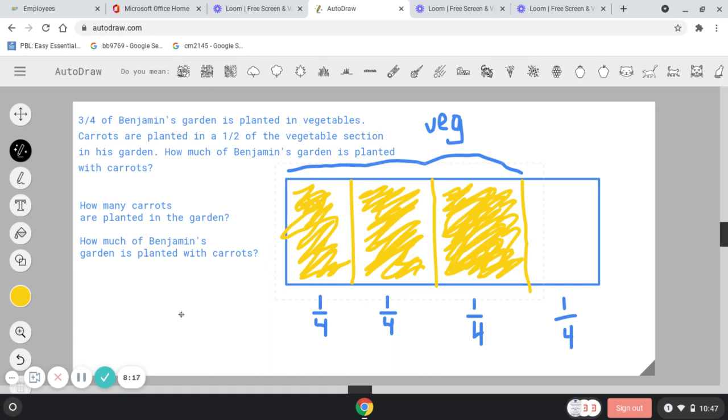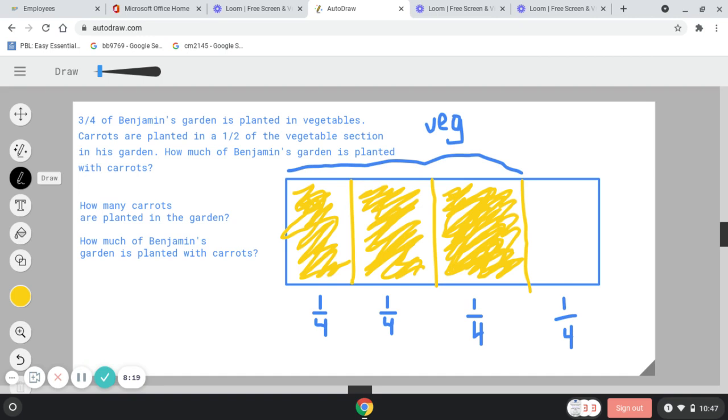So I'm going to cut the vegetable section in half, cut the garden in half so that we can see what component of the 3/4 of the vegetable garden is designated to carrots. So I'm going to cut it in half.